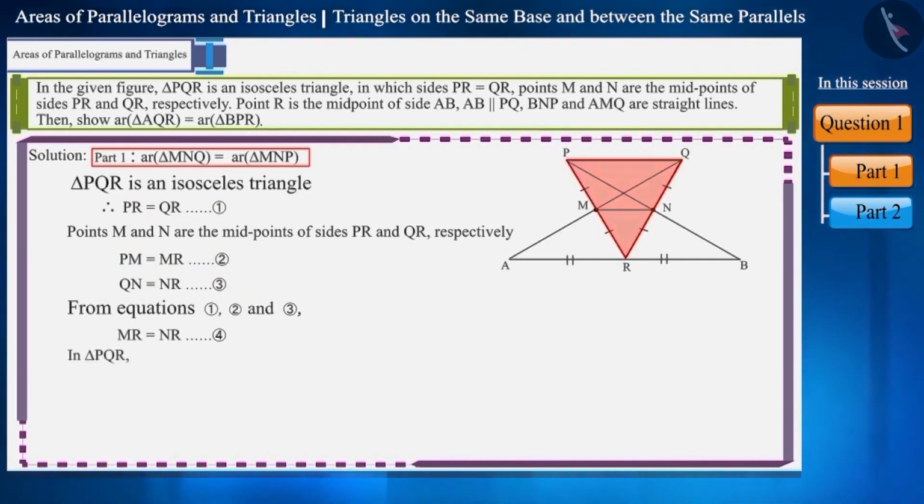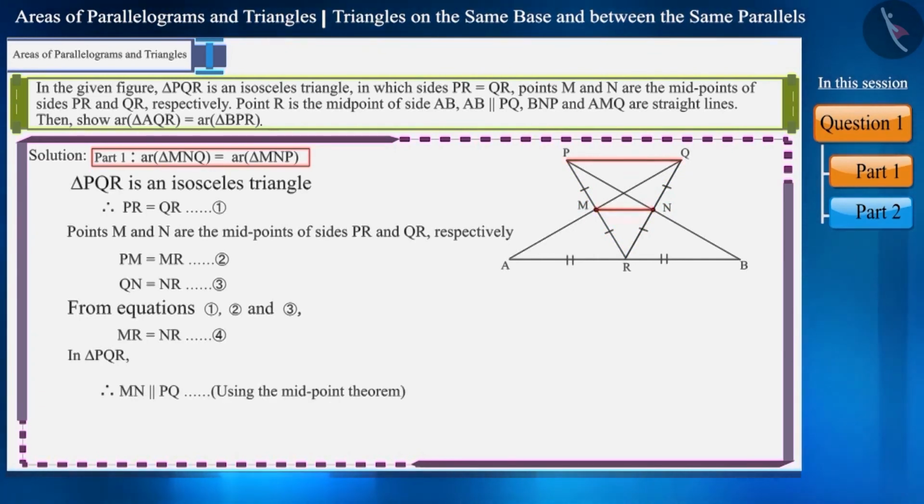Friends, now look at triangle PQR. Points M and N are the midpoints of side PR and side QR respectively. Using the theorem of midpoints, we can say that line segment MN is parallel to PQ. Friends, now look at the figure carefully.